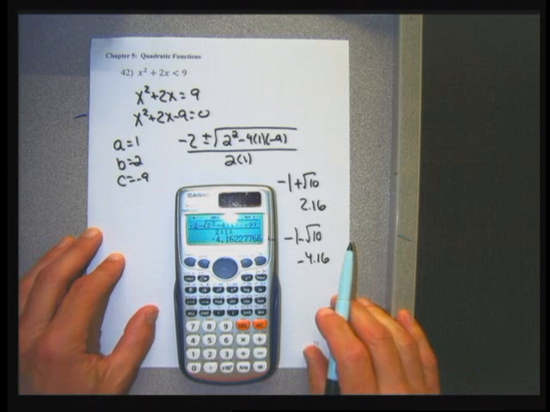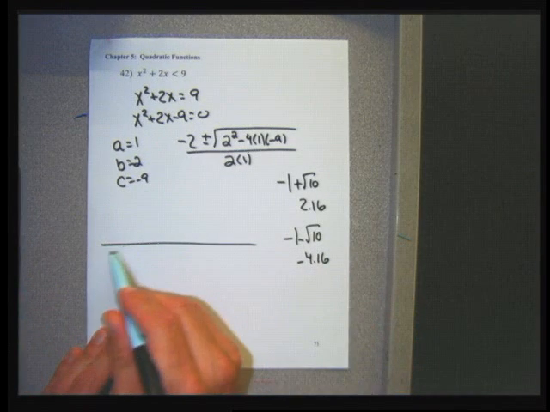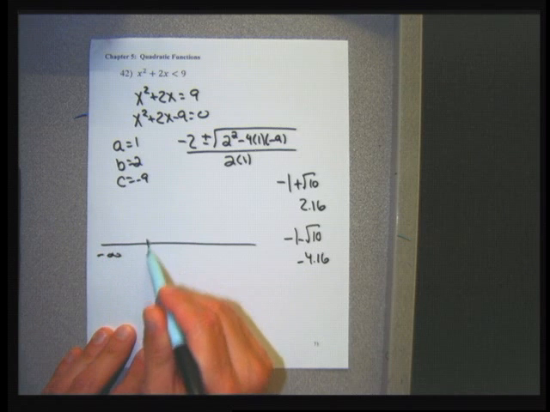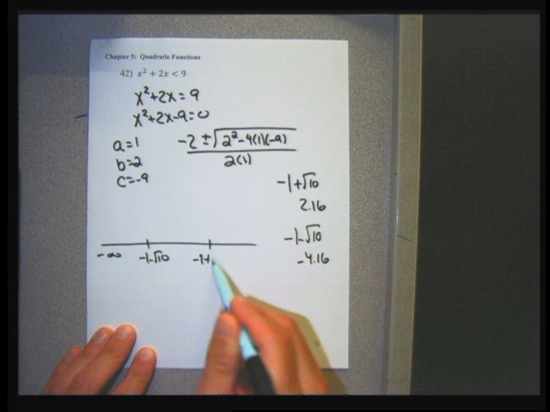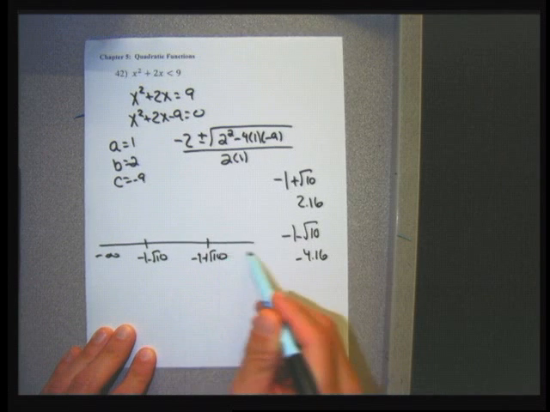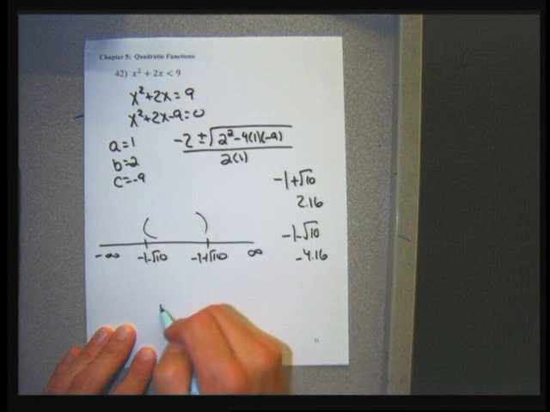I'm going to gamble and not do my table. I would have a negative infinity, and then a negative 1 minus the square root of 10, and then a negative 1 plus the square root of 10, and then infinity. And I'm going to get round brackets, and I'm going to gamble without doing the table.